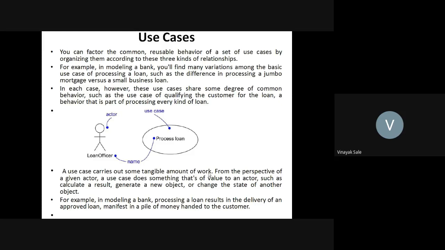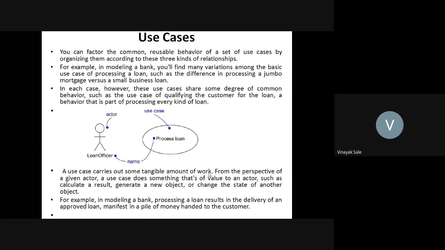For example, in a modeling bank, you will find many variations among the basic use case of processing a loan, such as processing a jumbo mortgage versus a small business loan.